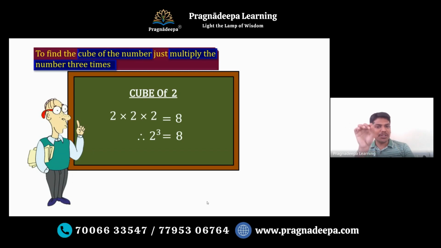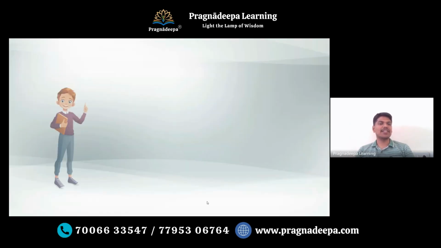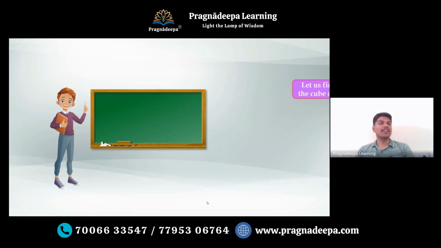Yes, sir. 2 into 2 into 2 can be written in the form of 2 cube. What is that form called? Index form, correct? Yes, sir. Index form. Okay, so the cube of a number means multiply the number 3 times. For example, let us try to find the cube of 3. What is the meaning of cubing 3?